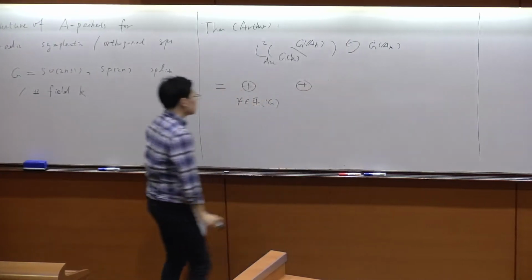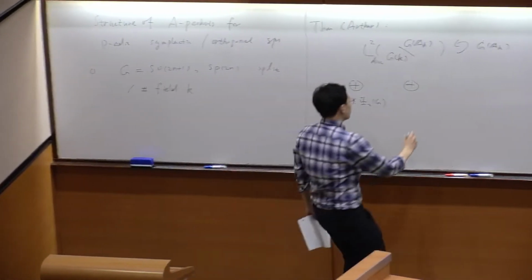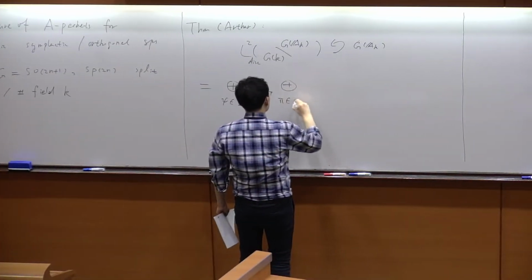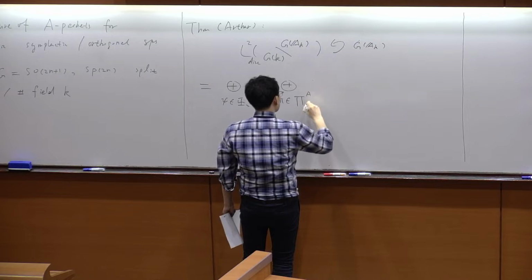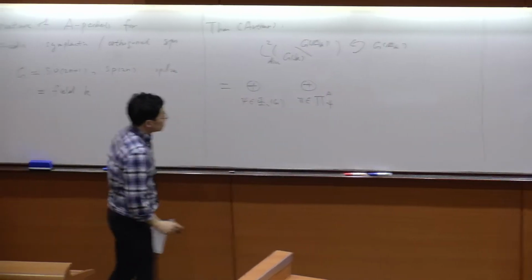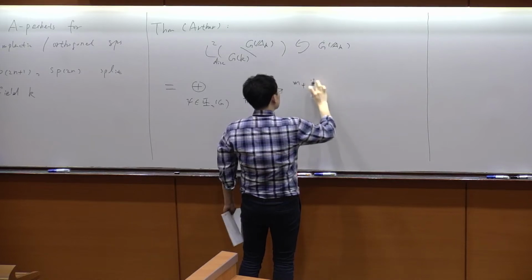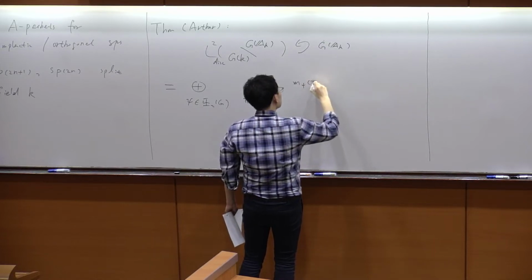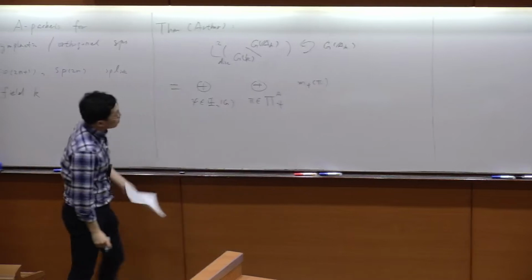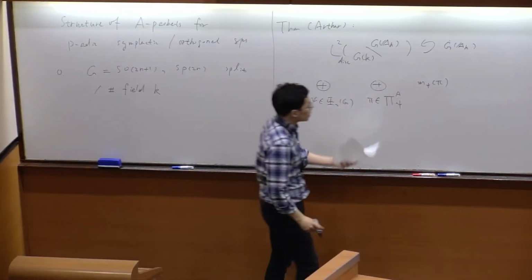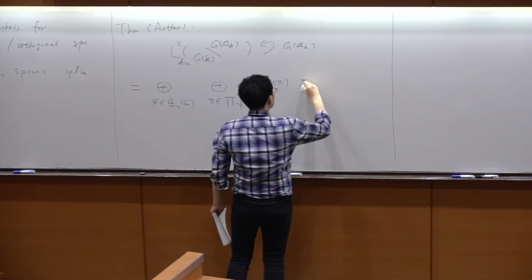And then we have the Arthur packet. Then we are summing the representations in the packets with certain multiplicity.